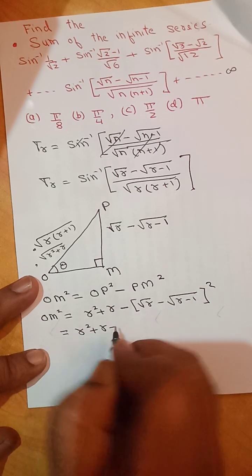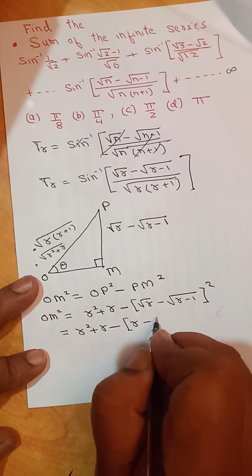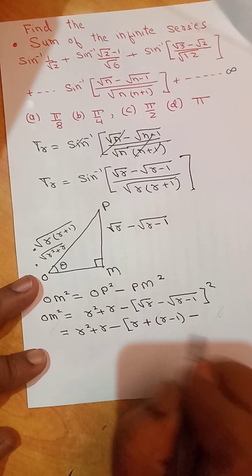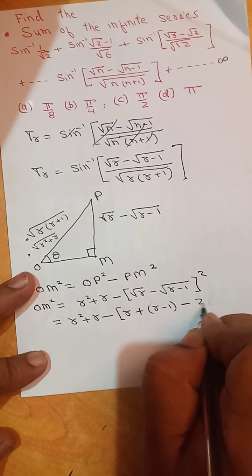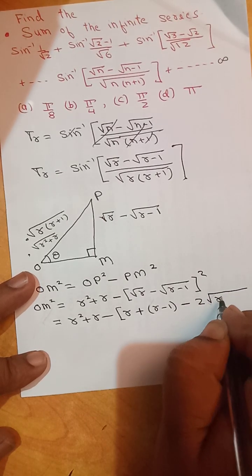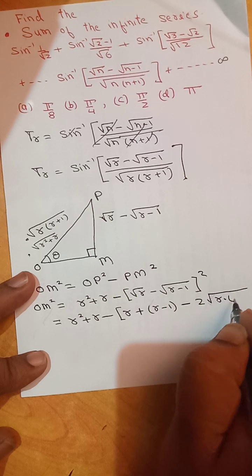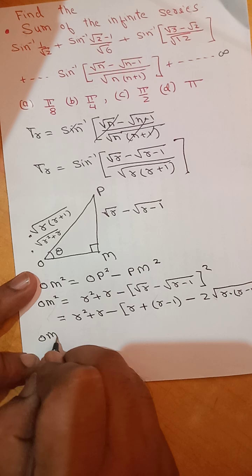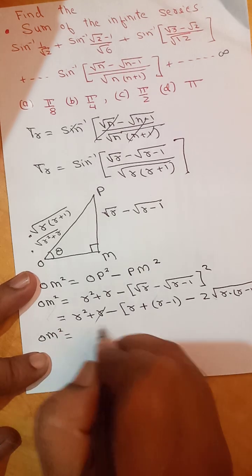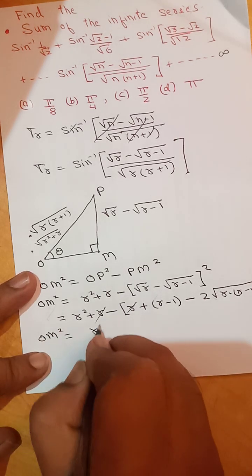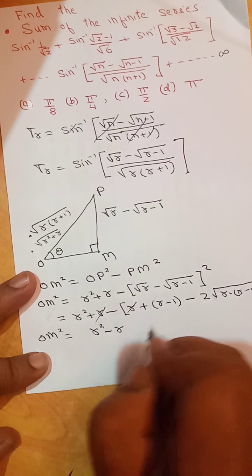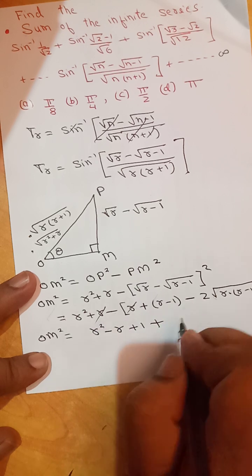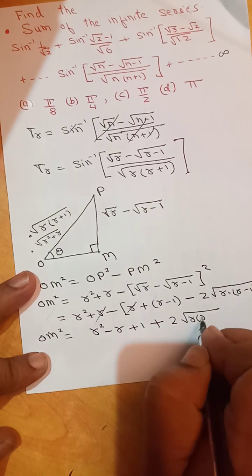R square plus R minus (R plus R minus 1) plus 2 root of R into R minus 1. If you solve it, this R and this R get cancelled. We get R square minus R, minus of minus becomes plus 1, and again minus into minus plus 2 root of R into R minus 1.